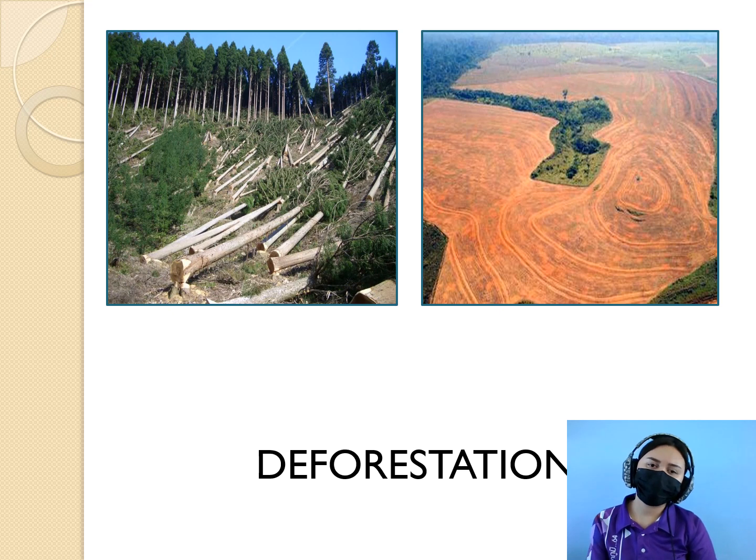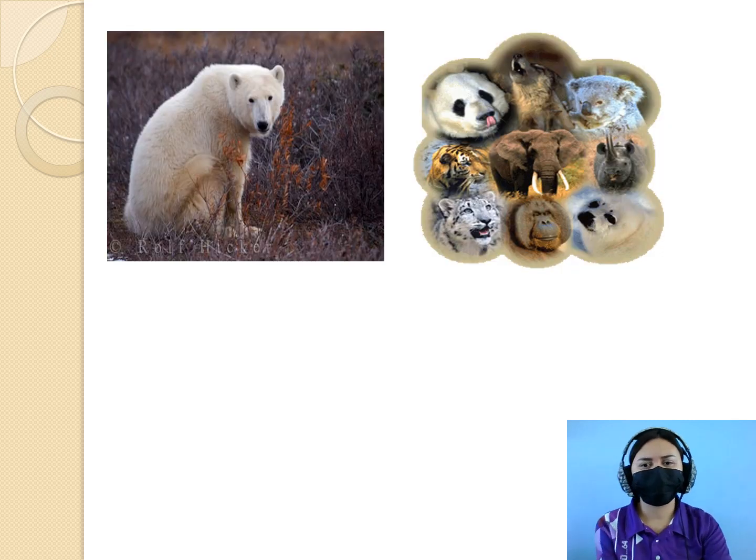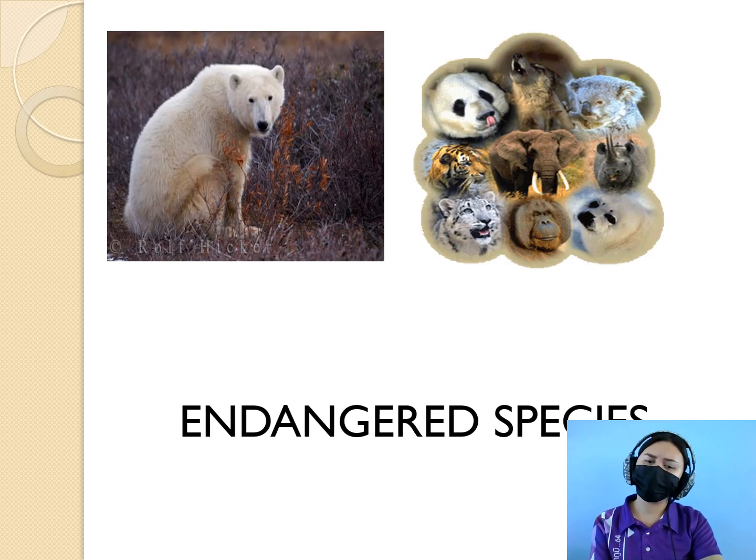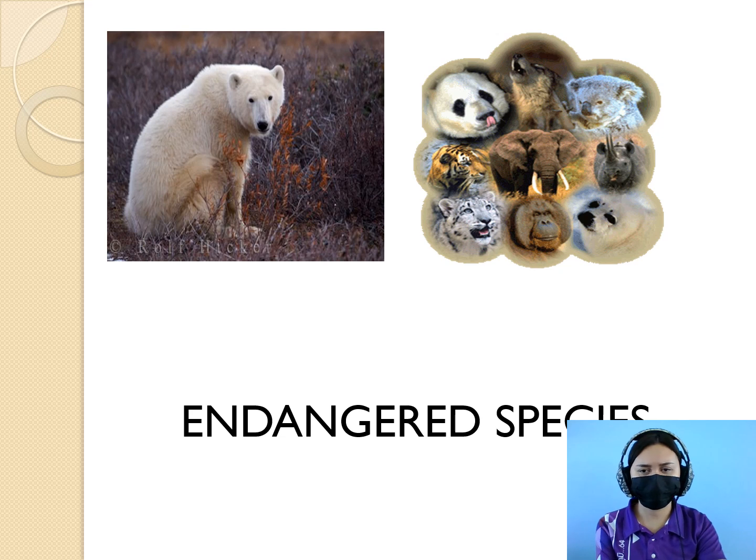Deforestation. When you say deforestation, it means cutting trees. This is not good. In some places they do deforestation because they want mining. They want to mine the place, so they need to cut the trees, which is not good. Endangered species.